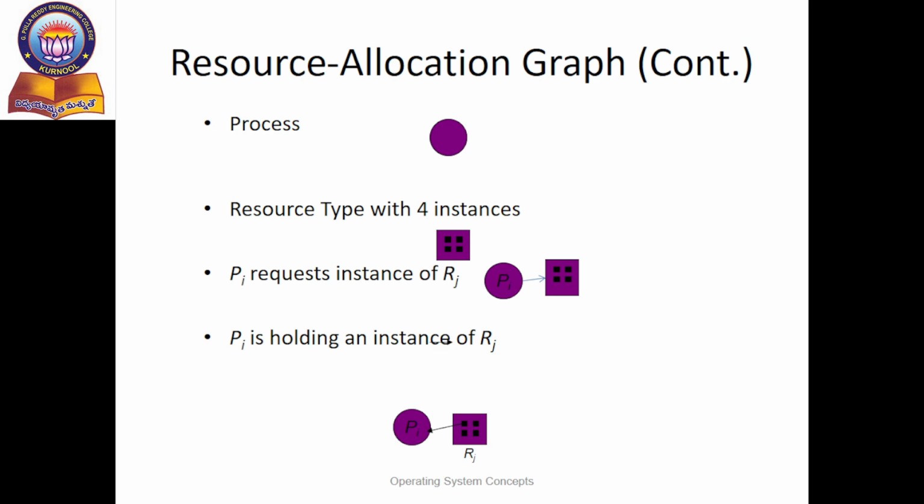Next, coming to the assignment edge, here Pi is holding an instance of Rj. The edge will always be from resource to Pi. Here if you see this, we have an edge pointed towards Pi. What is the meaning of this? Currently Pi is using the resource Rj. So that is the meaning of this.